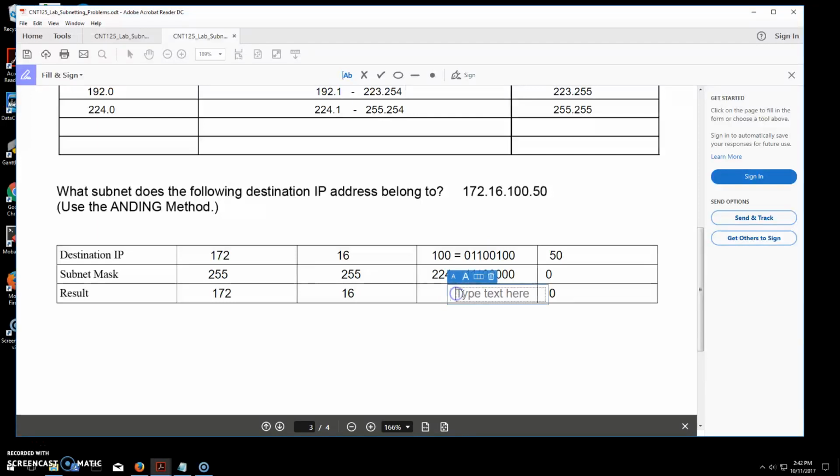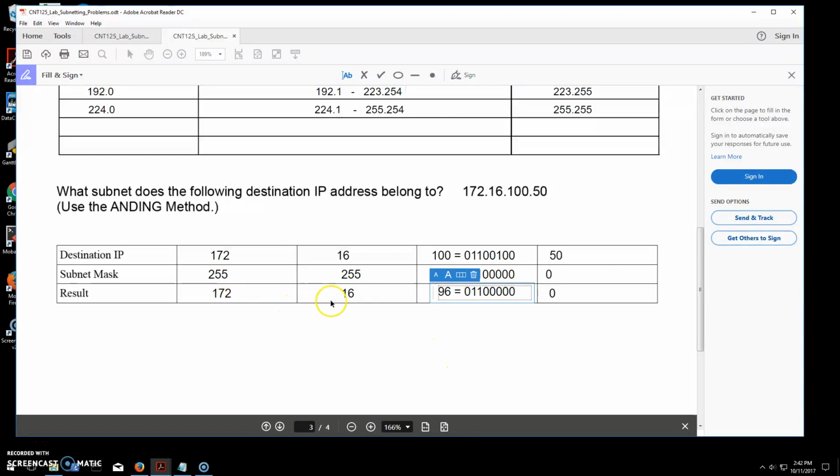So I'm going to end up with 0, 1, 1, and the rest is zeros. So 64 and 32 is going to give me 96. I'm going to end up with 96 when I AND those together.